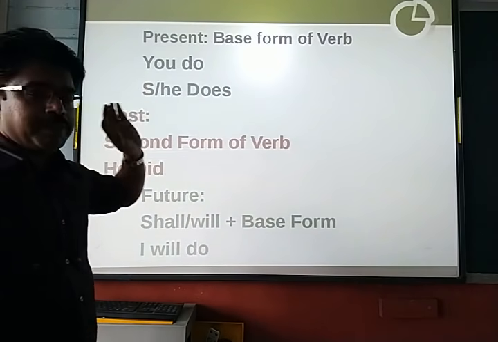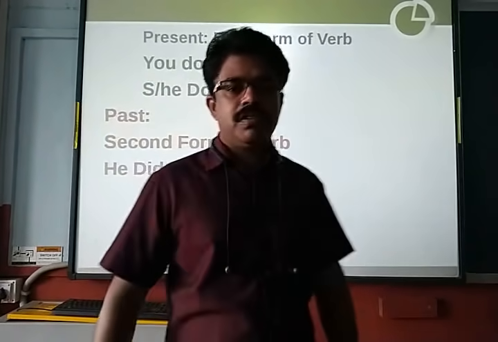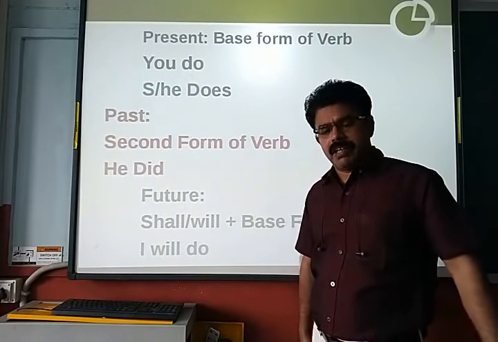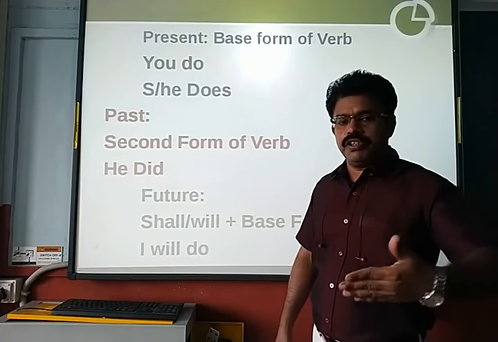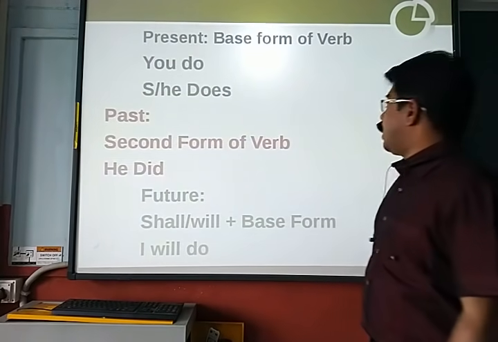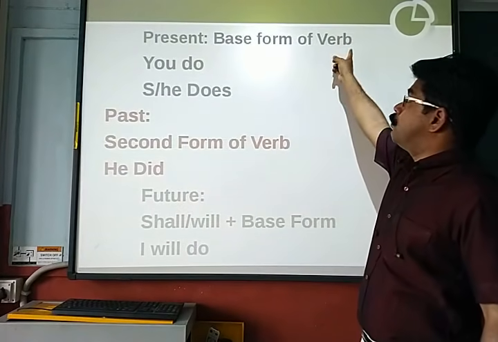When we speak about present tense, we know what we are doing at the present moment. Let us analyze how we use this in our day-to-day life. Present tense, as you know, is the base form of the verb.